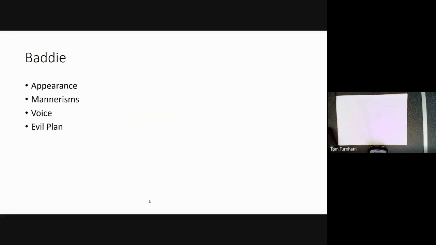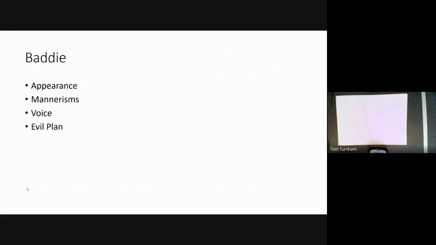Now, generally speaking, characters are either baddies or they're goodies. I love baddies. They're the best characters to think about. And our baddies, we're going to really think about what do they look like? That's their appearance. Their mannerisms, that's how they move. Their voice, how they sound.